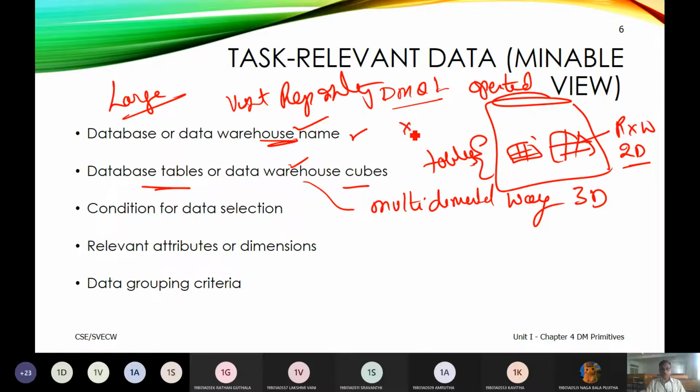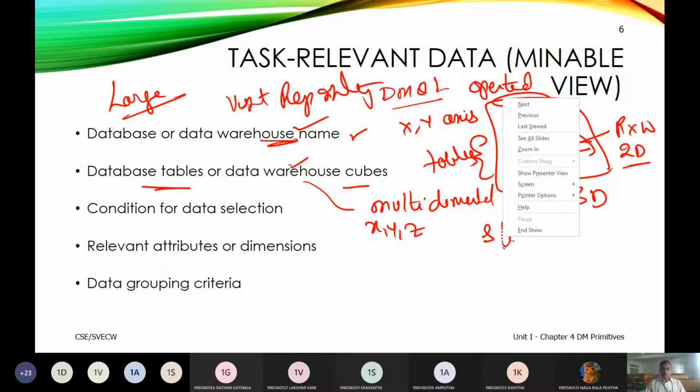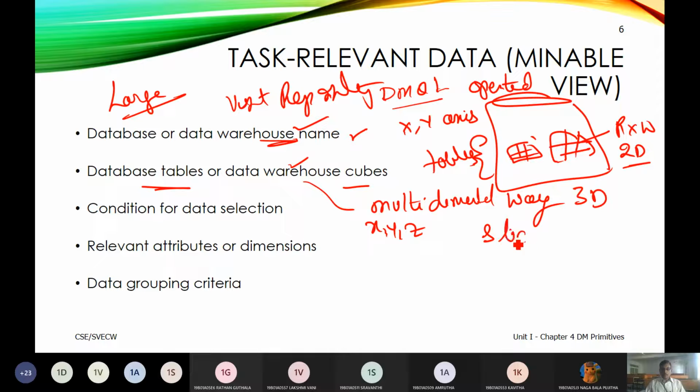Here we have x-axis, y-axis, and in a data warehouse we will have x, y, and z. Using operations called slicing, dicing, and pivoting, we will render the knowledge from the data warehouse. What is dicing, what is slicing, what is pivoting? We will discuss it in unit 2.